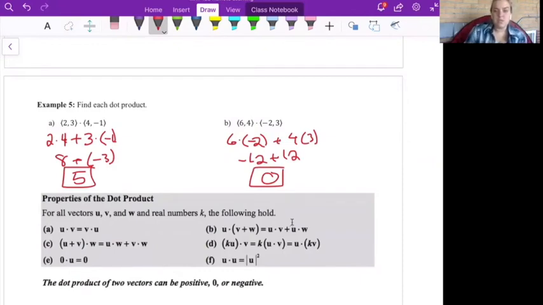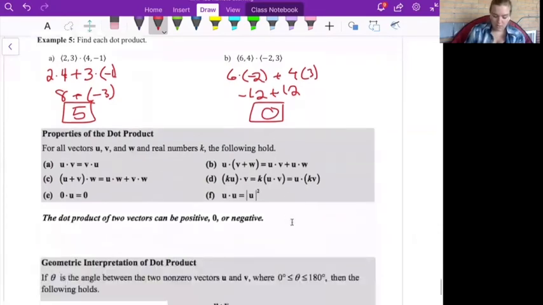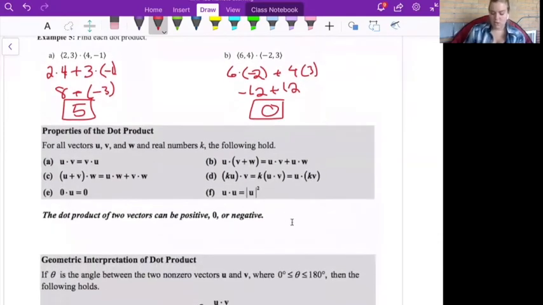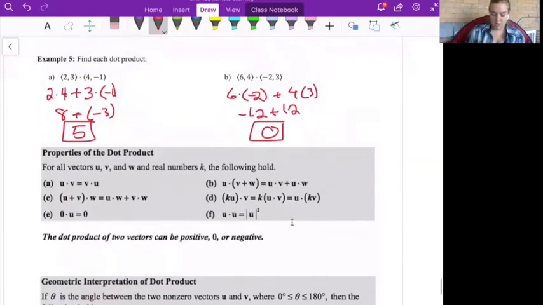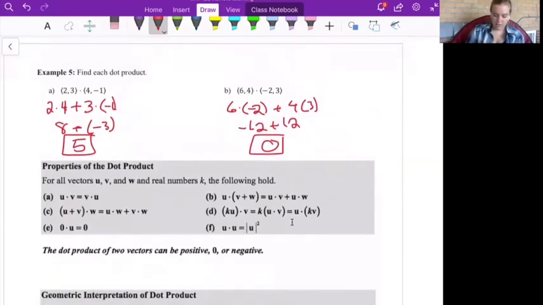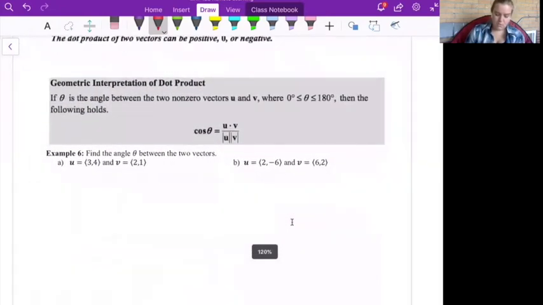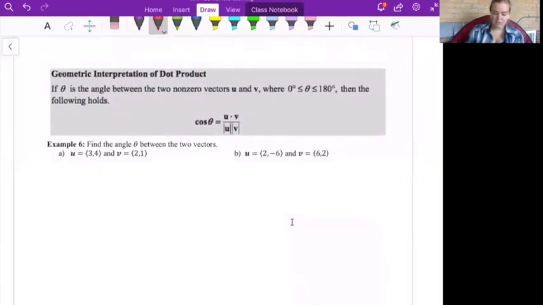Okay, so then these are just some properties of the dot product. You really don't have to worry about that a whole lot. You're mostly going to just be focusing on just the regular dot product, like in example 5. But then the geometric interpretation of the dot product. So basically, what is useful with the dot product is that it helps you to find the angle between two vectors.